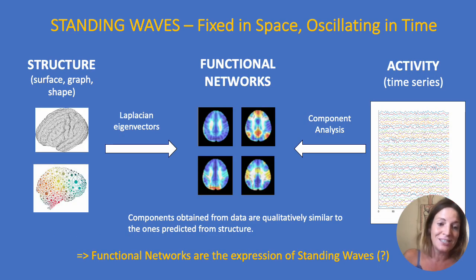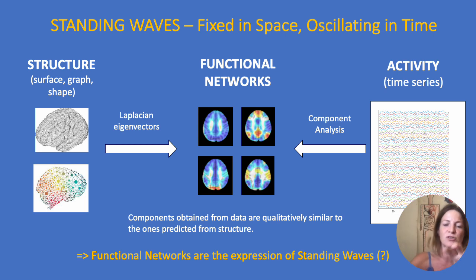So overall, as we've seen, there is this traditional approach to go from the structure, taking either the surface or the graph or the shape of the brain to compute the Laplacian eigenvectors and predict the functional networks, or, from another field, also in neuroimaging, to take the time series of activity and apply some component analysis like principal component analysis, independent component analysis, gradients, leading eigenvector dynamics analysis.